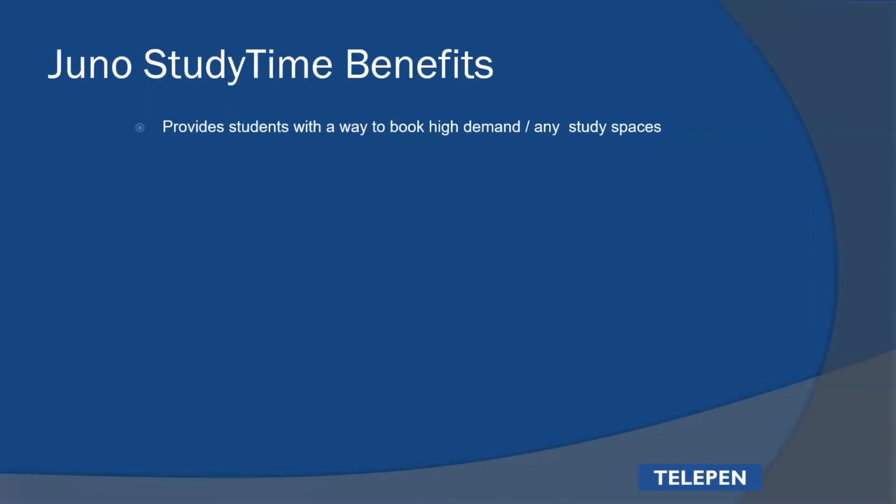It's all about being able to get that higher demand space, and it does so through the permissions that Barney showed you. Sharing out those permissions or limiting those permissions provides a fairer mechanism, an ability to get that resource shared by a larger proportion of the overall student population.